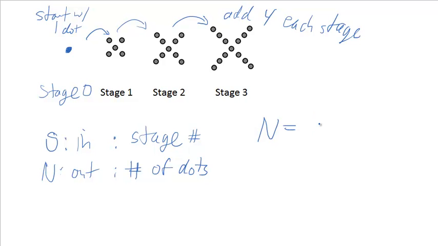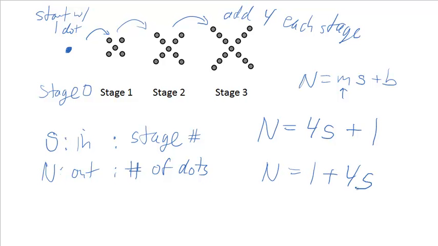So hopefully you came up with, if we think m s plus b, then my slope is 4, because we increase by 4 each time, and we started with 1. So 4 times s plus 1, and it would be perfectly fine to write it this way too.